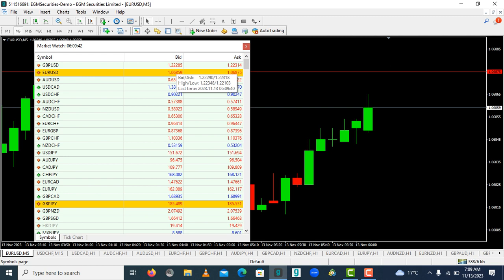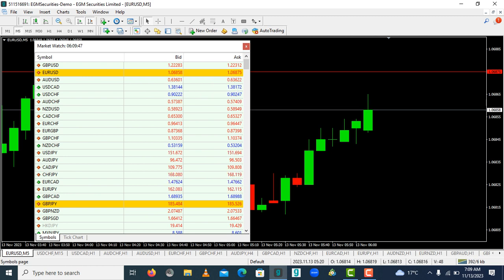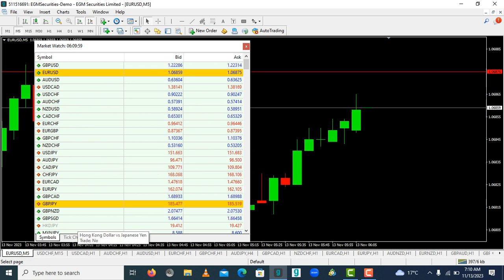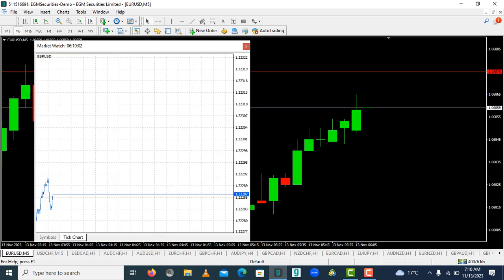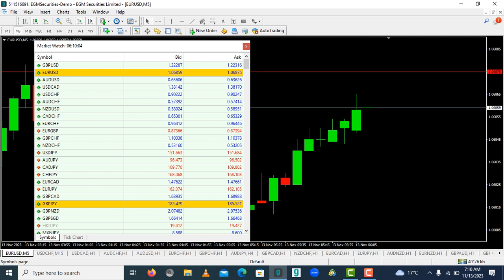When you get the difference between the bid price and the ask price for a currency pair, you get the spread for that currency pair at that time. You can see all of them here. That is how you get the spread.